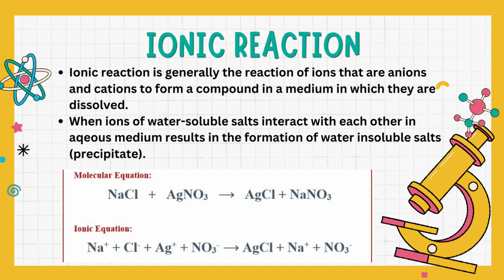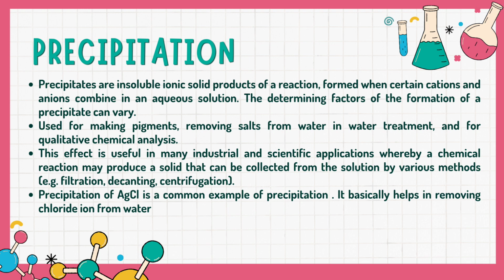In this topic, the molecular equation is natrium chloride reacts with argentum nitrate, then produces argentum chloride with natrium nitrate. For the ionic equation, natrium ion reacts with chloride ion, reacts with argentum ion, reacts with nitrate ion, and produces argentum chloride with natrium ion and nitrate ion.